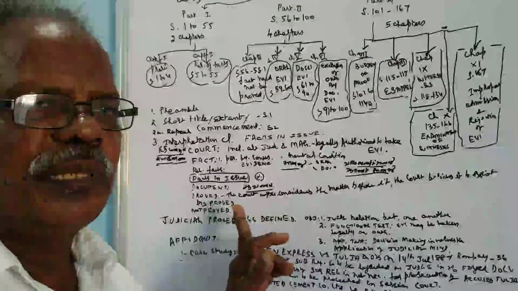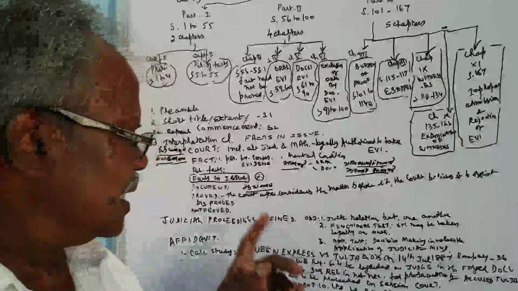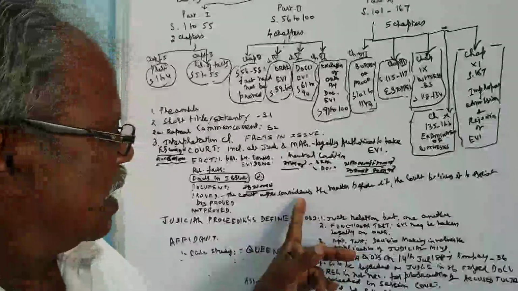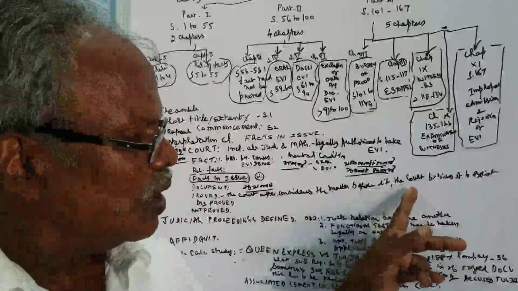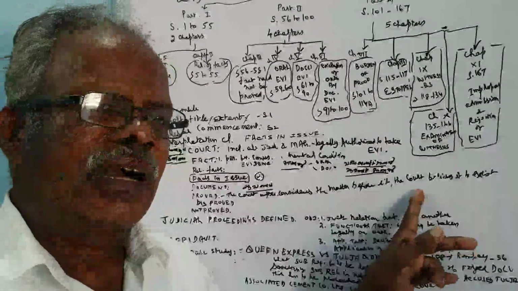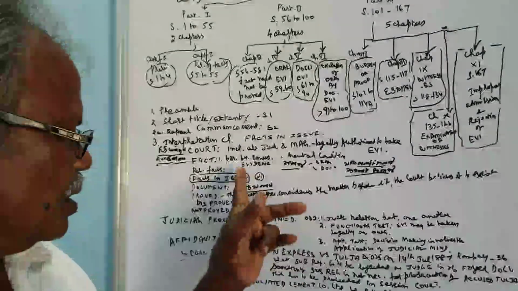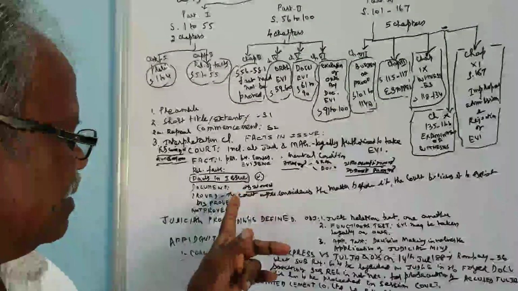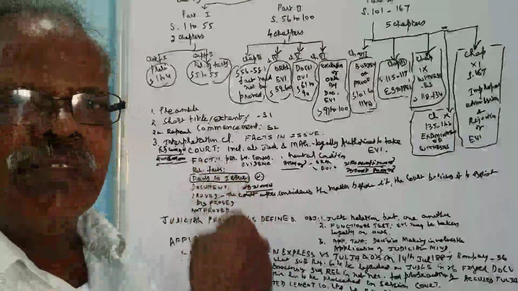And not proved means neither proved nor disproved. The court, after considering the matter before it, neither believes nor disbelieves it, that is called not proved. So these words we have to understand for the purpose of understanding the Indian Evidence Act.